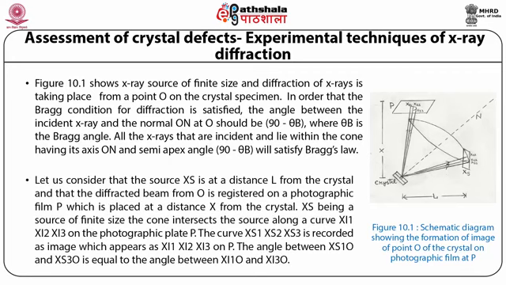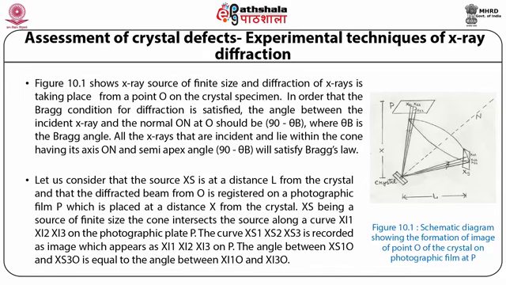Let us consider that the source XS is at a distance capital L from the crystal and that the diffracted beam from O is registered on a photographic film P, which is placed at a distance x from the crystal.